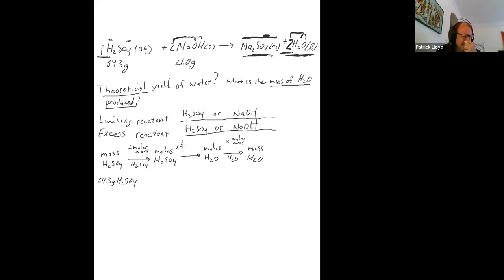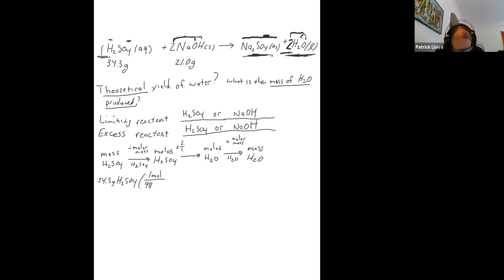Now, H2SO4, its molar mass, if I'm remembering correctly, is around 98.08 or something like that. So let's see, you got 2 hydrogens and 1 sulfur, and then you got 4 oxygens. So yeah, I get 98.09. So remember, you divide by the molar mass.